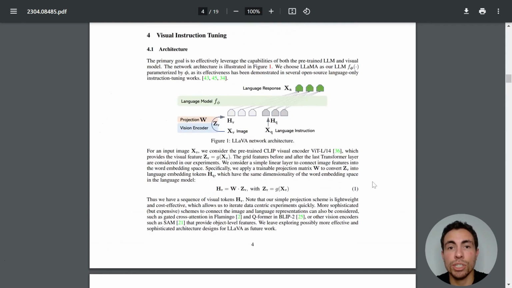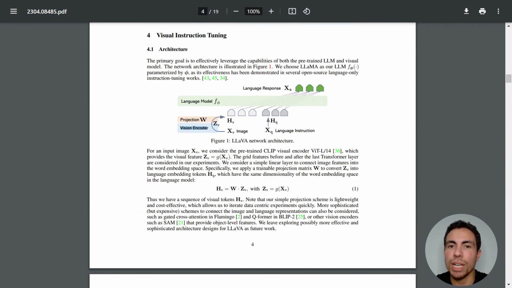But one thing that I was curious about is, okay, what's the architecture that they use? And that is the main thing here. It's interesting that the architecture is not so complicated when you read. They use this vision encoder in the beginning to transform the image into vectors. Just like if you're used to language models, you know that you have to transform your tokens into vectors. This vision encoder is used for the same thing.